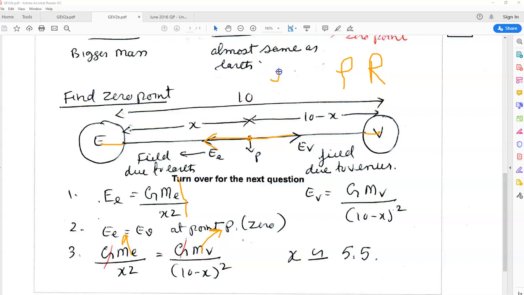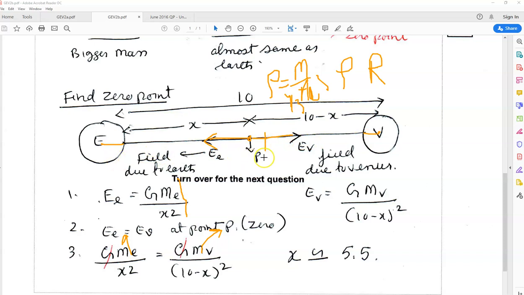Now you can apply this formula: density is equal to mass divided by 4 by 3 pi r cube, and you can find the mass of Venus. When you substitute and solve for x, you end up getting x approximately equal to 5.5. What this means is the point where the net gravitational field is 0 is 5.5 units away from Earth, or 4.5 units from Venus.